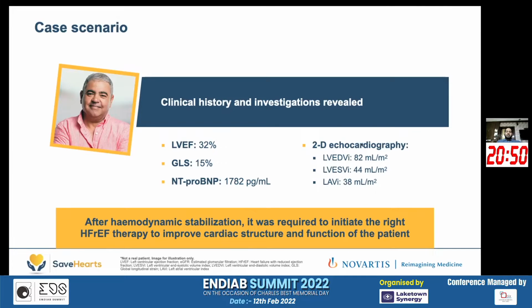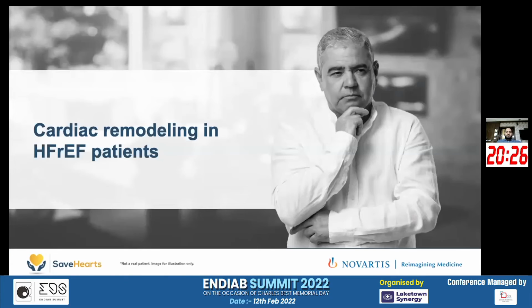So all of these indicate that there is poor LV contractility and an increased retention of blood in the various chambers. Well, this gentleman was hemodynamically stabilized, and then it was necessary for us to initiate the right therapy for him so that we can do something to improve his prognosis. And all of this prognosis is based on the ejection fraction.